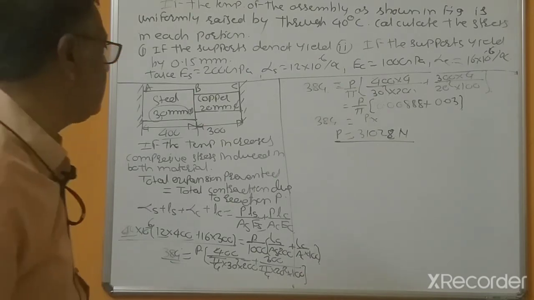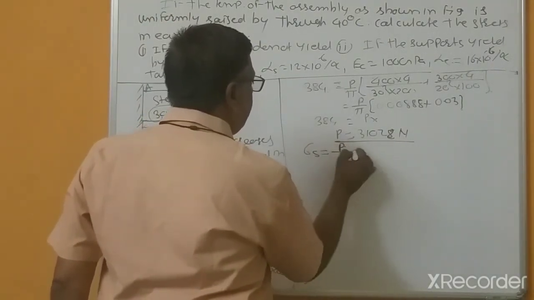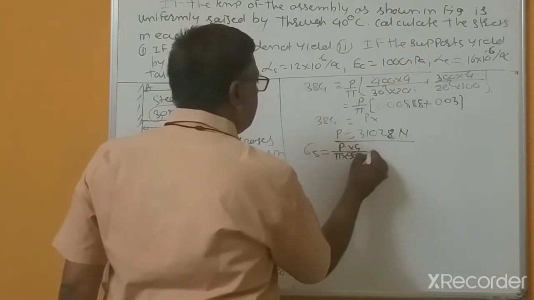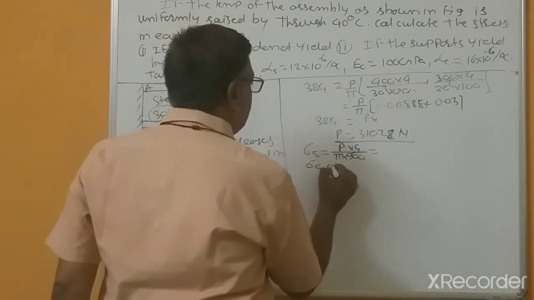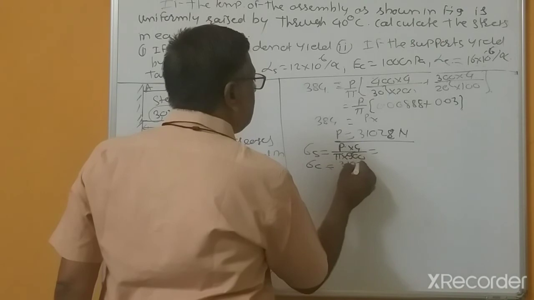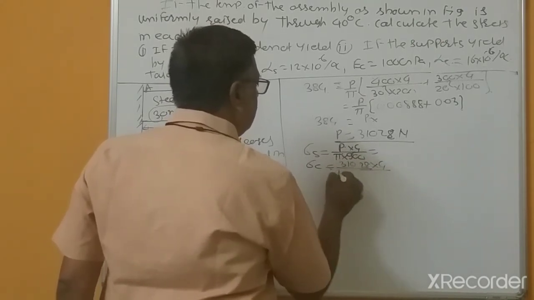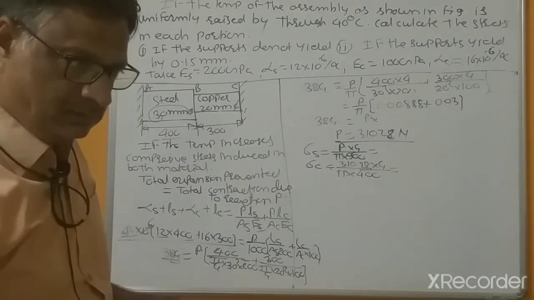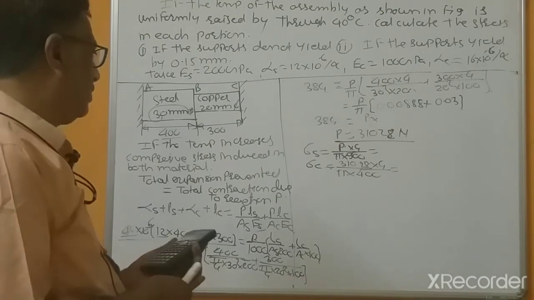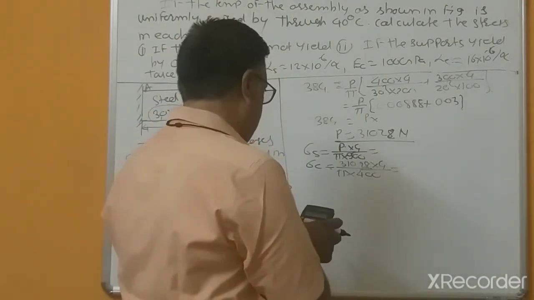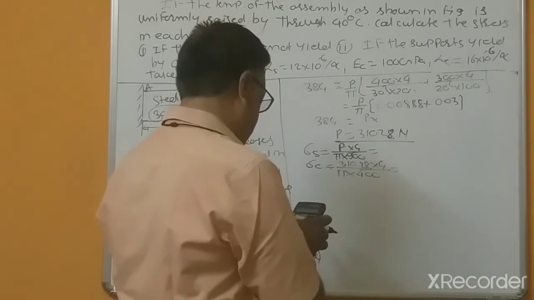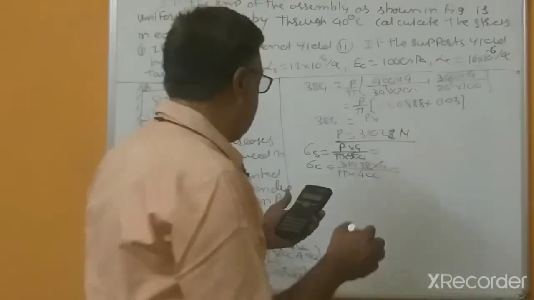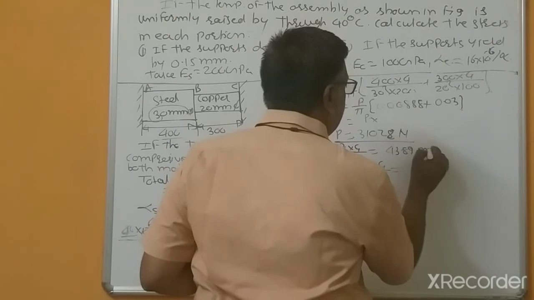Calculate the stresses. So sigma S equal to P divided by area of cross section, pi multiplied by 4, this is 900, and this is for steel: 31028 multiplied by 4 divided by pi divided by 900, which is equal to 43.89 megapascal.